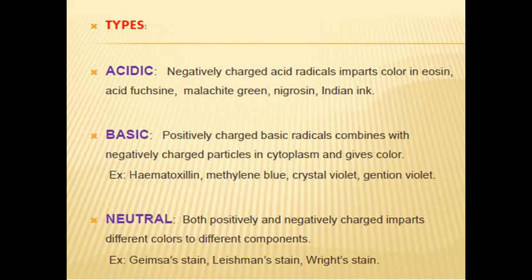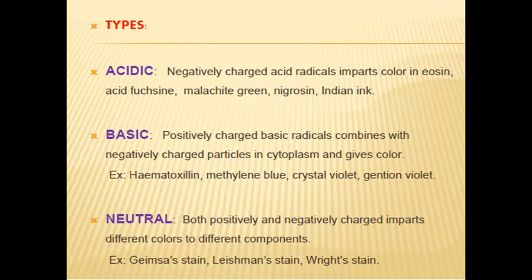And the third one is the neutral stain. Neutral stain means that in this stain there are both acidic and basic characteristics. So in a neutral stain, both positively and negatively charged radicals impart different colors to the different components.